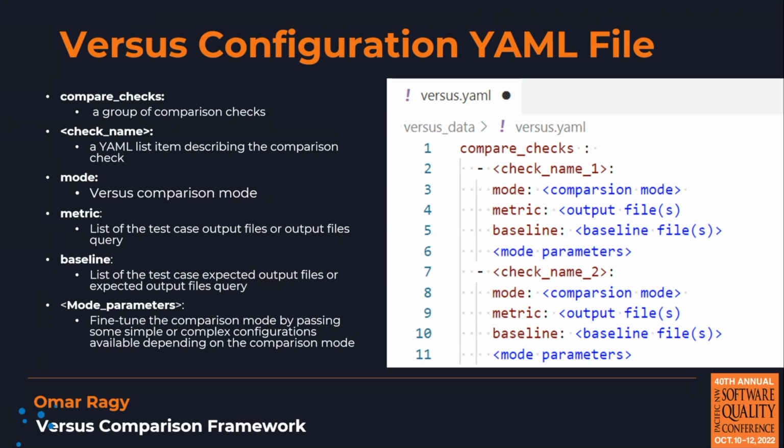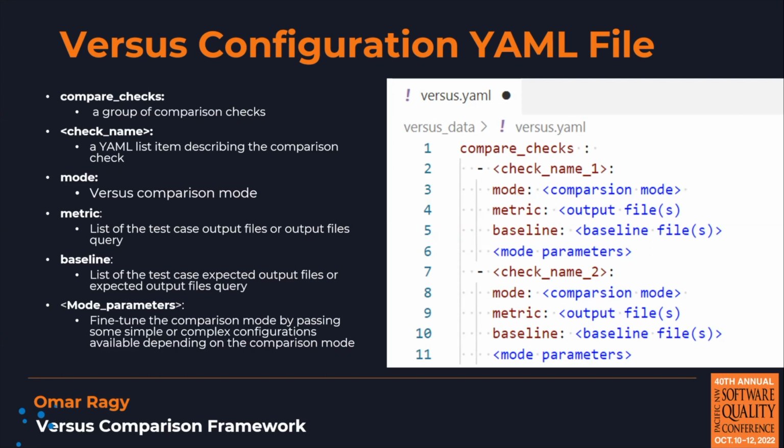And for the mode and the metric and baseline, those are common in all checks. Mode, when you specify whether you want to check on text comparison, table comparison, or even image, this is when you specify one of the enums that we already support. Metric, this is the output files from the application under test.